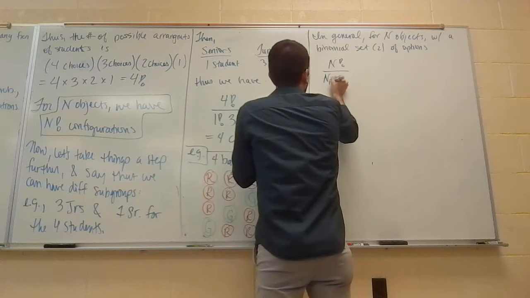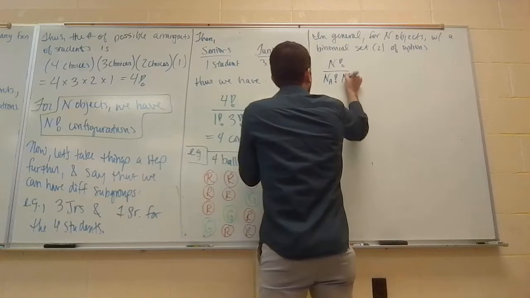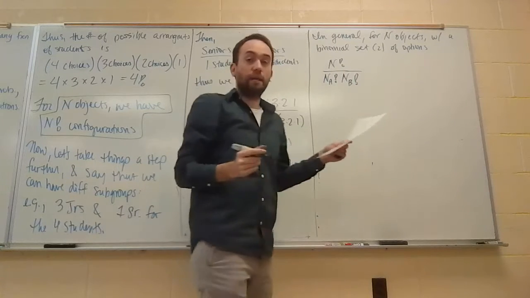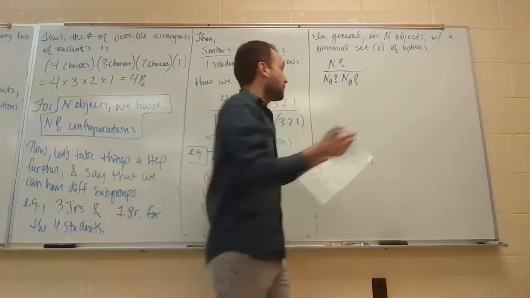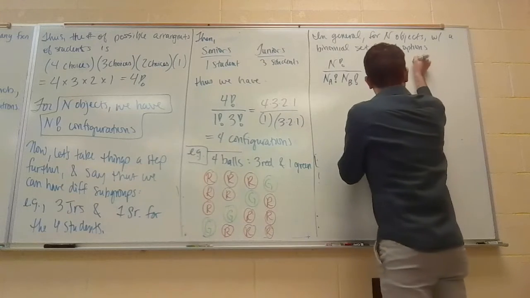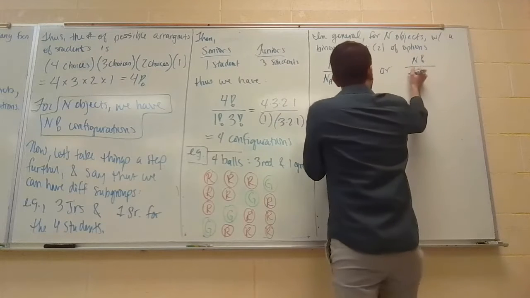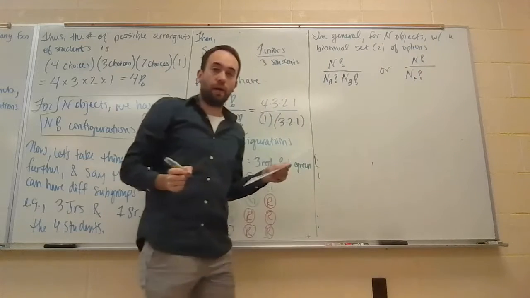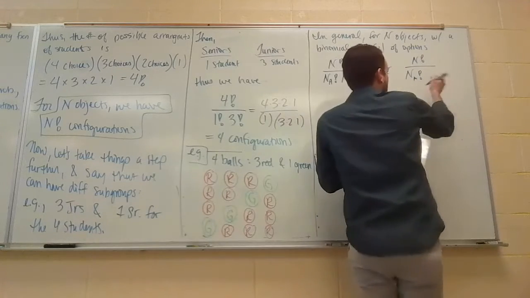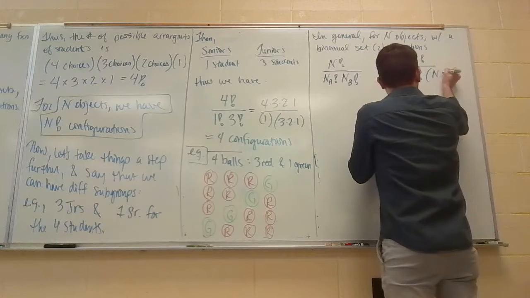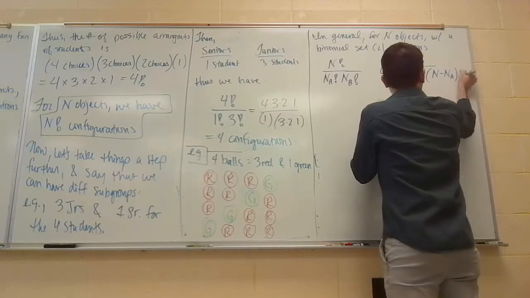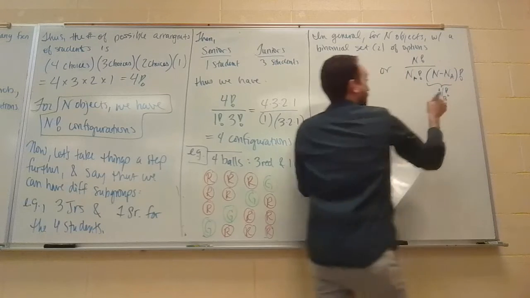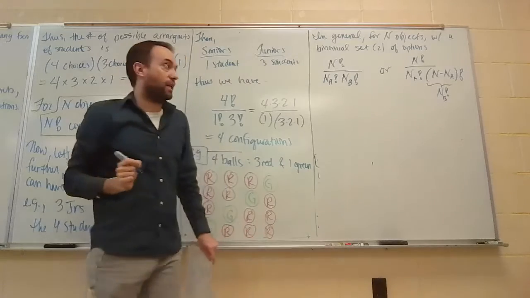So I would have n in subgroup A factorial times n in subgroup B factorial. Now, since it's a binomial distribution, I could also write this as n factorial divided by n_A factorial, and once I choose how many are in the first group, then the total minus that many will give me the same thing as my second group.